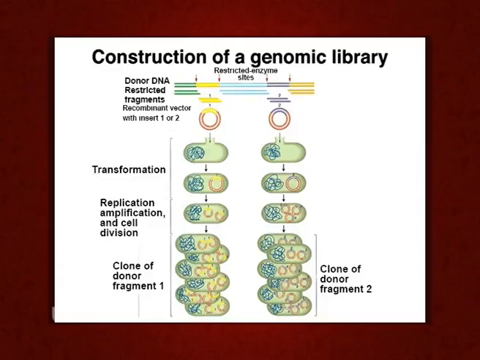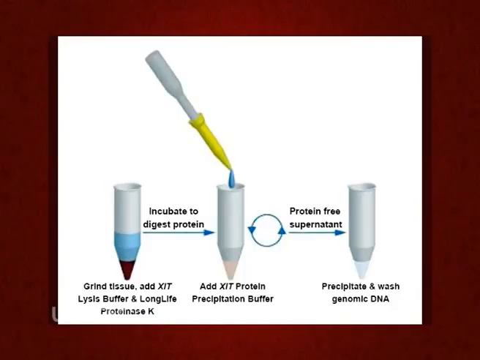A set of fragments cloned in this way is called a genomic library. Once such library is available, then clones can be propagated indefinitely in a plasmid vector and a gene can be identified when a specific probe is available.